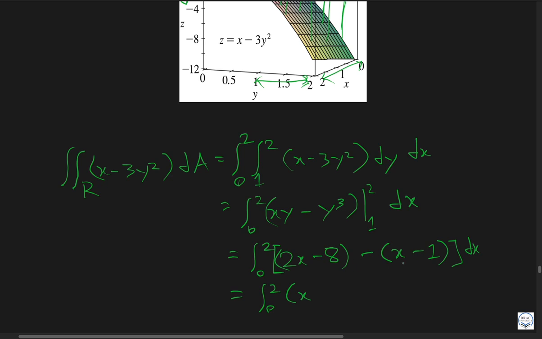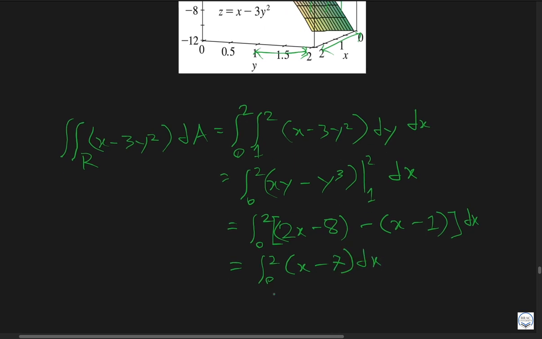Now twice x minus x is just x, and we have got minus 8 plus 1, because minus and minus is plus, so we have got plus 7, sorry, minus 8 plus 1 is minus 7 dx.